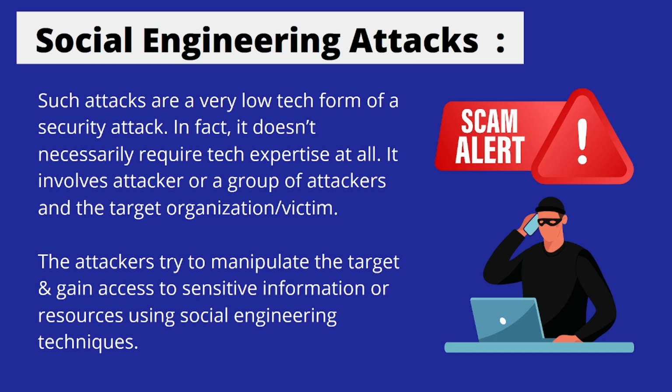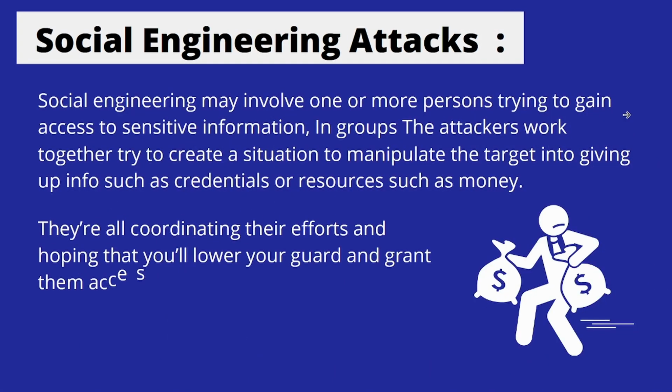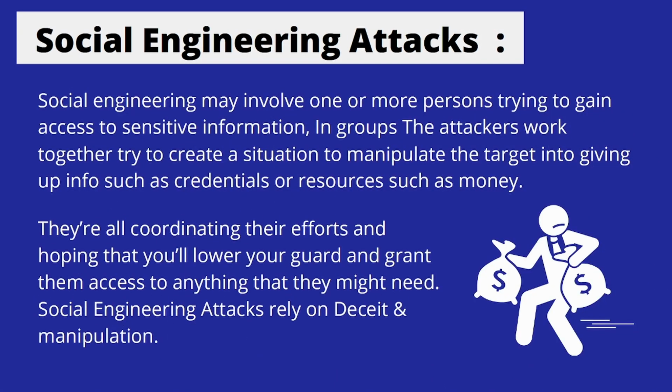It involves an attacker or a group of attackers and the target organization or the victim. The attackers try to manipulate the target and gain access to sensitive information or other network resources by using social engineering techniques. Social engineering may involve one or more persons trying to gain access to sensitive information or private data.